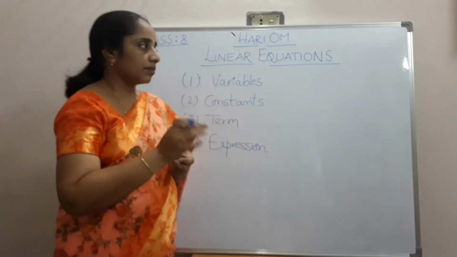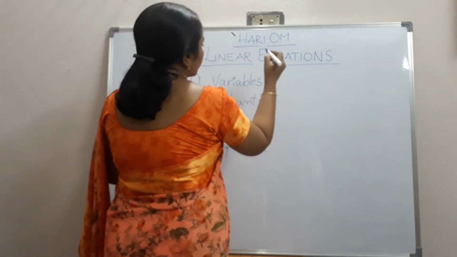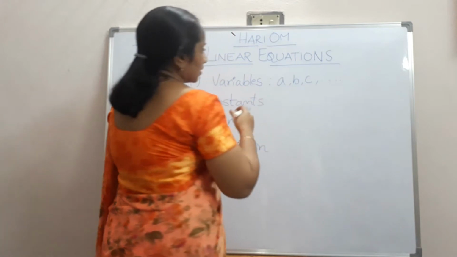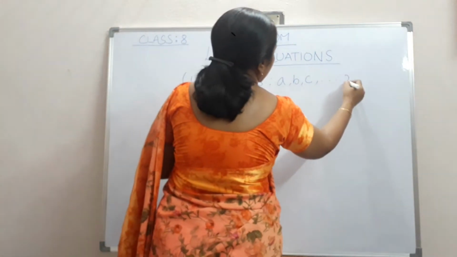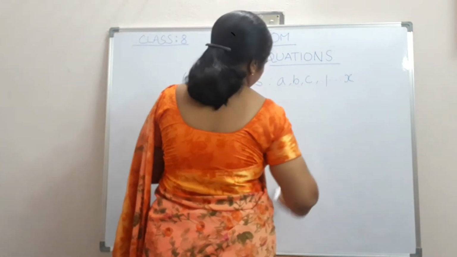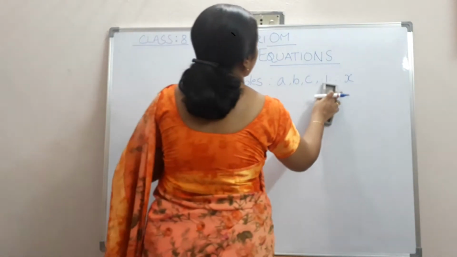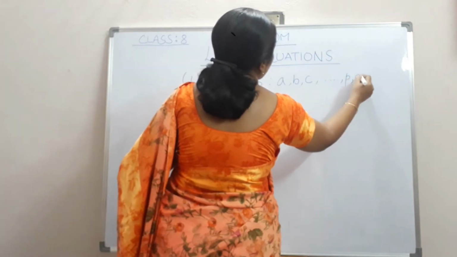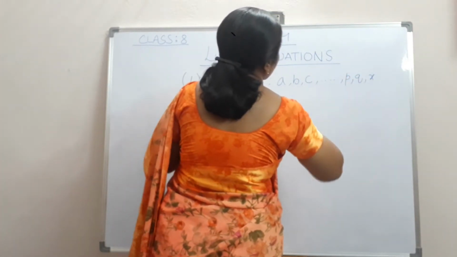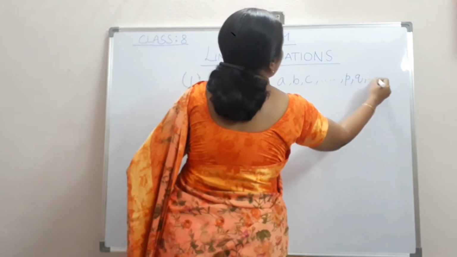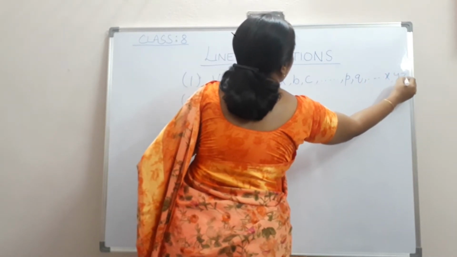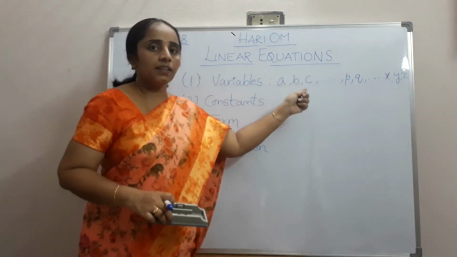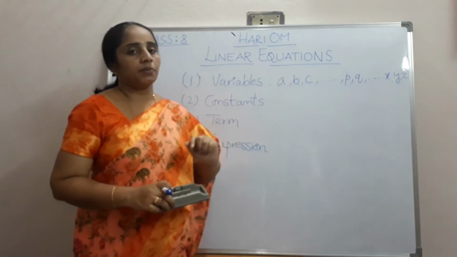As you know, in our alphabet we have 26 alphabets. In algebra we mainly use these variables. We call these literals in algebra as variables.